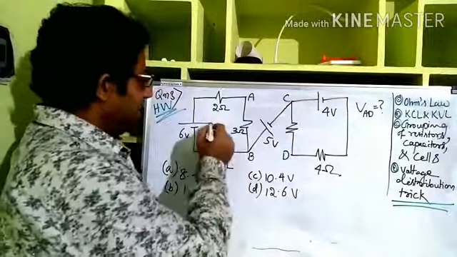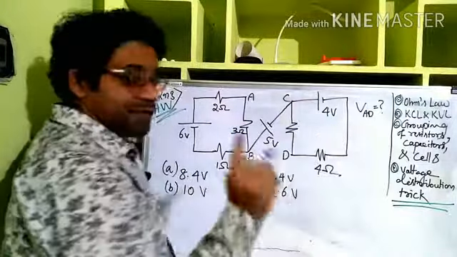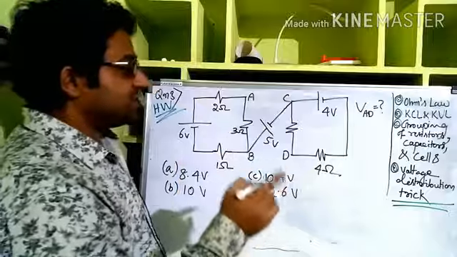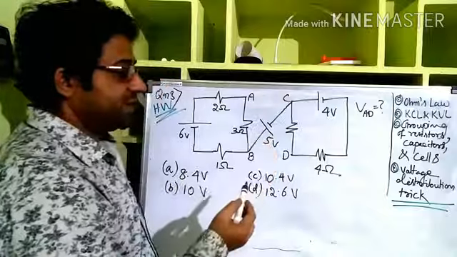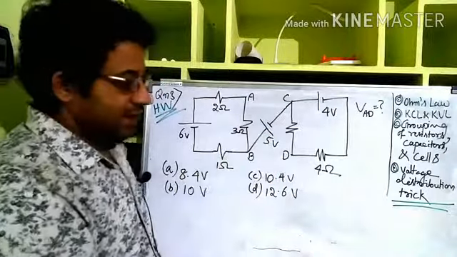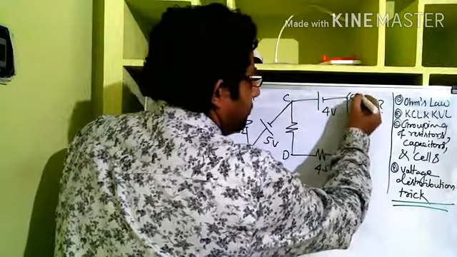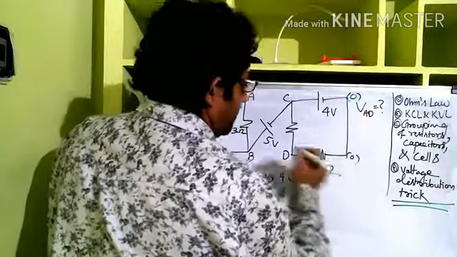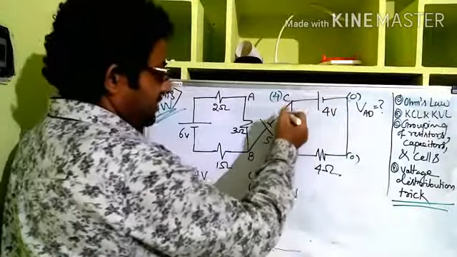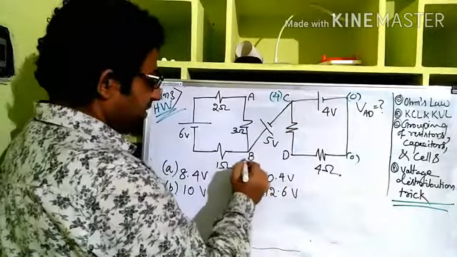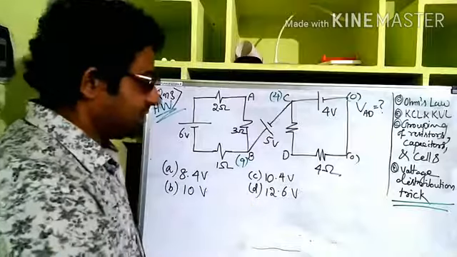What you will do is, put KVL in this loop and put KVL in this loop and solve, and see for yourself how much time that takes, and after that apply the voltage distribution trick and solve again. Just a clue: you can assume this end to be 0, so this will be 0, and if this is 0 this will be 4, and if this is 4 there is no resistance, 5 more will be there, this is 9, and in this process you can start and proceed.